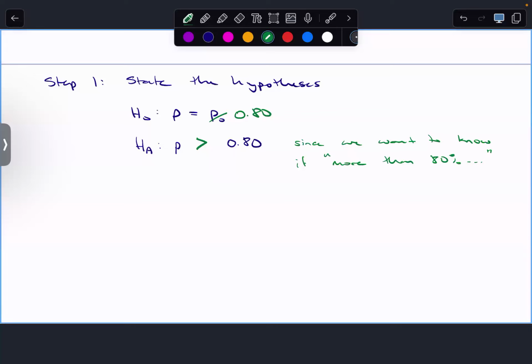I also like to make a little note here that this is a one-sided test. I don't need that until step 3 when I'm finding the p-value, right? A one-sided p-value or a two-sided p-value. And so we don't need it for a long time, or what feels like a long time.